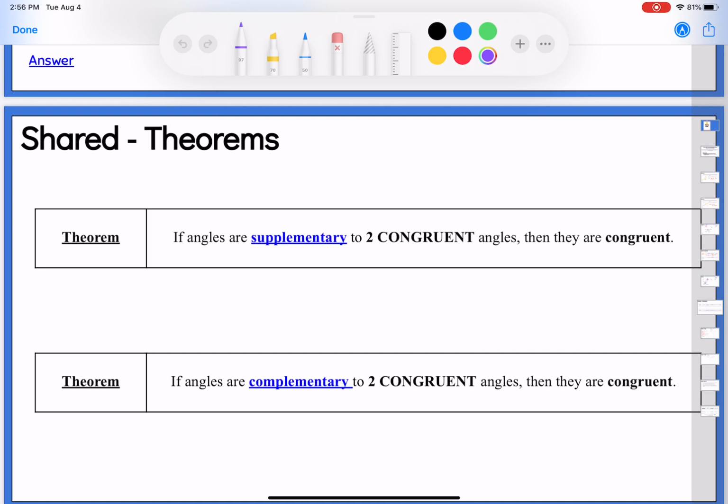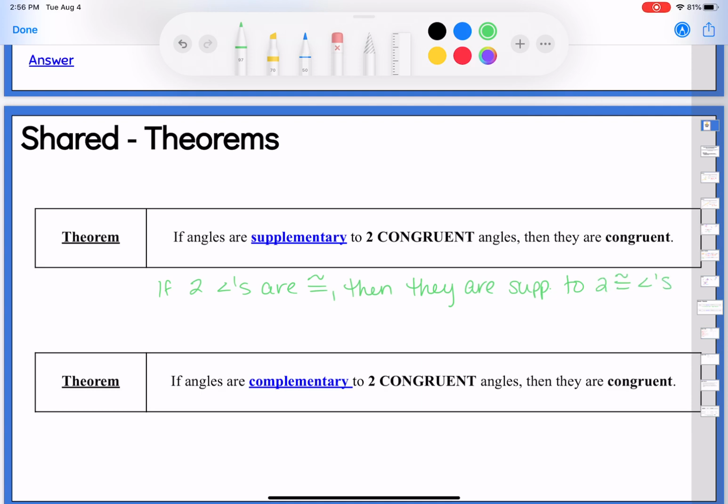Okay, so again, it is a theorem. So the question is, can I do the converse of this? If two angles are congruent, then they are supplementary to two congruent angles.